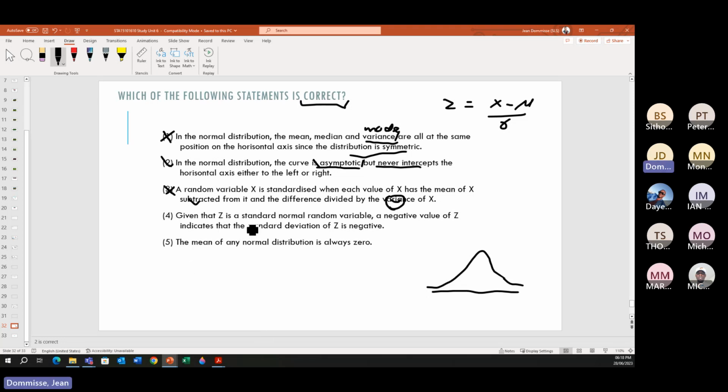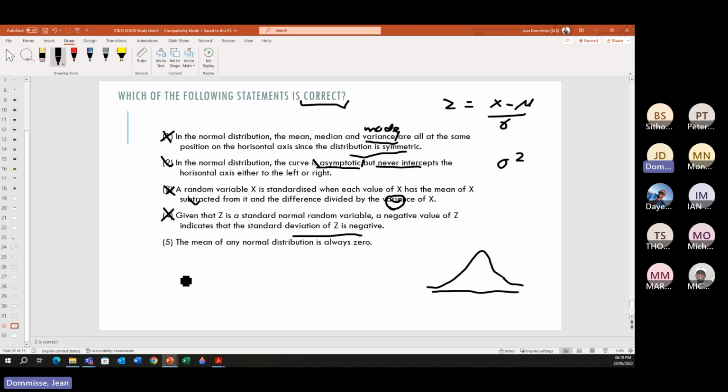Given that z is a standard normal random variable, a negative value of z indicates that the standard deviation of z is negative. Okay, not true, because we got that as variance, your standard deviation will always be positive. You can't get a negative standard deviation.